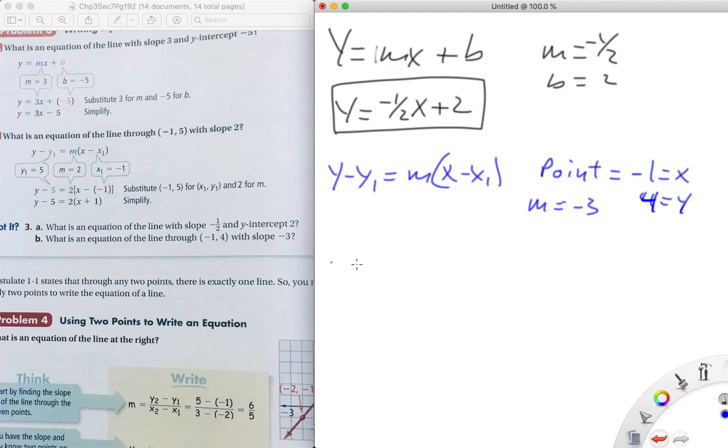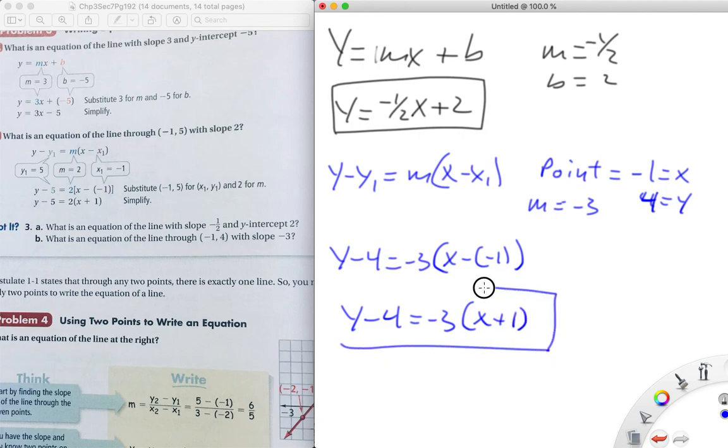So I'm going to plug that in. So y minus 4 equals negative 3 times x minus negative 1, and that turns into y minus 4 equals negative 3 x plus 1, and that is my equation when I'm given those two scenarios.